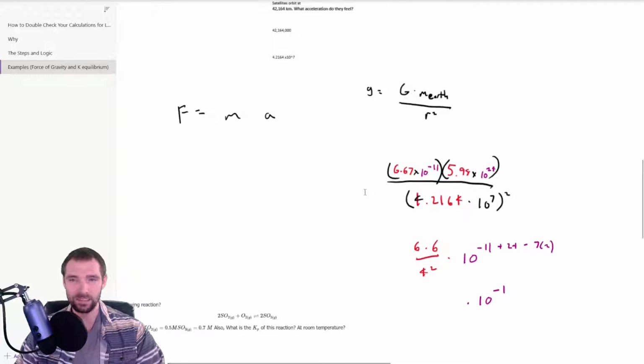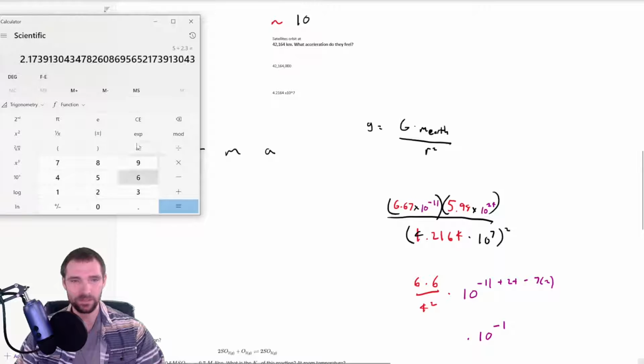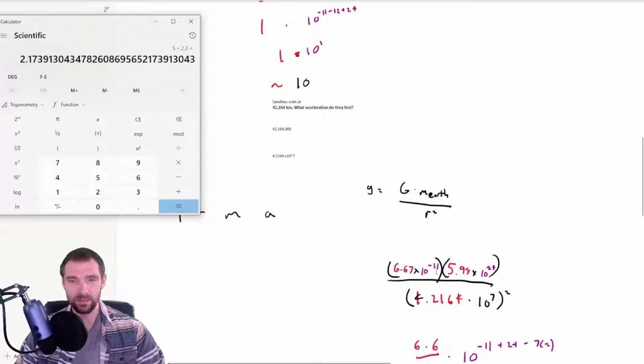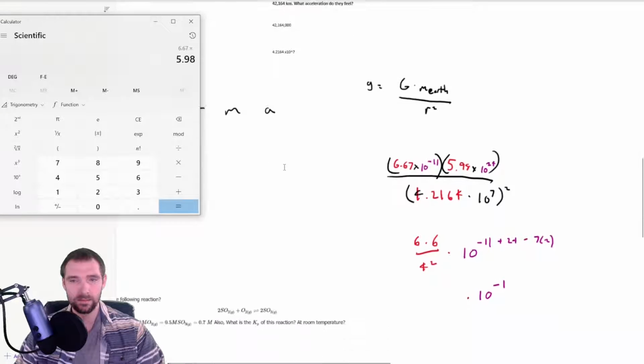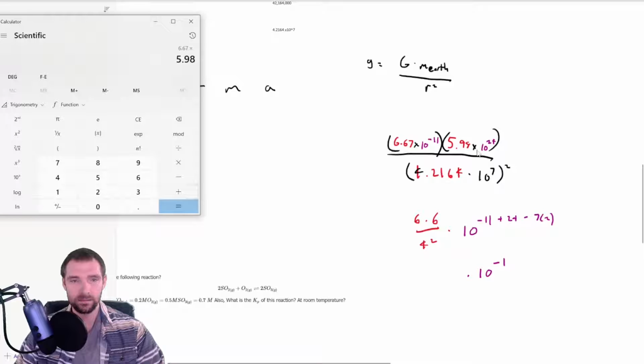Now we could actually get the number that goes in the front pretty quickly too, if you just multiply the front numbers out. 6.67 times 5.98, and then we get that, and we're going to divide that by 4.2164.